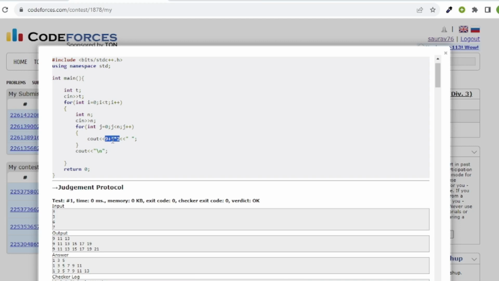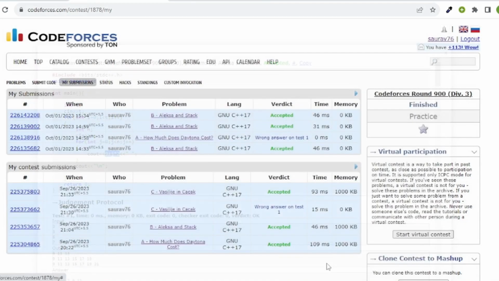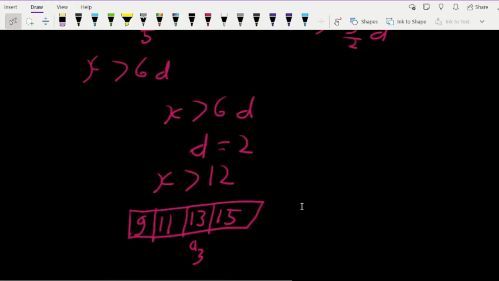So here I am generating an arithmetic progression series with a positive common difference, as you can see, 9 plus j times 2. So you can understand that you can take any common difference and generate your own x here, which is a3, and accordingly we can set the arithmetic sequence.